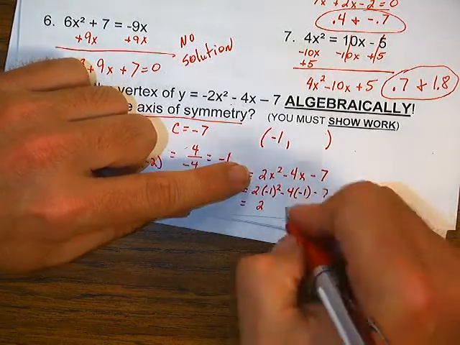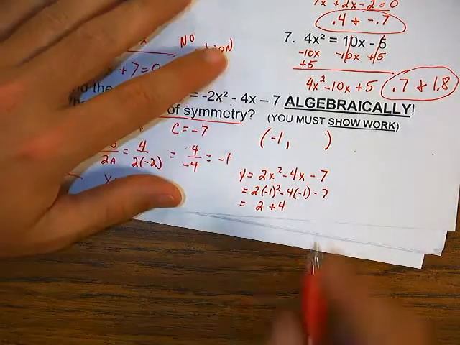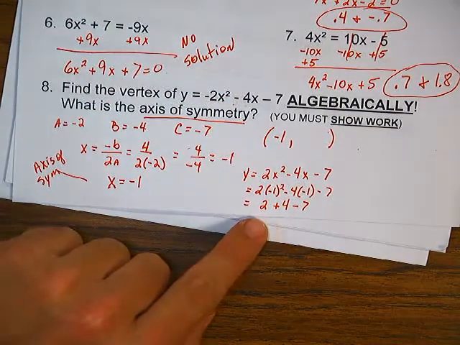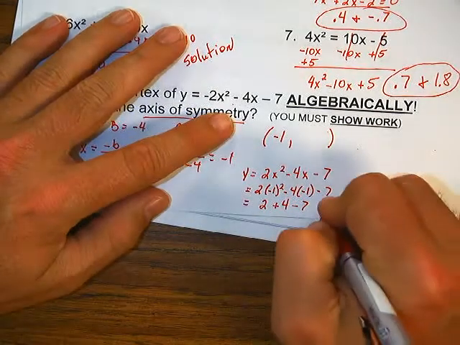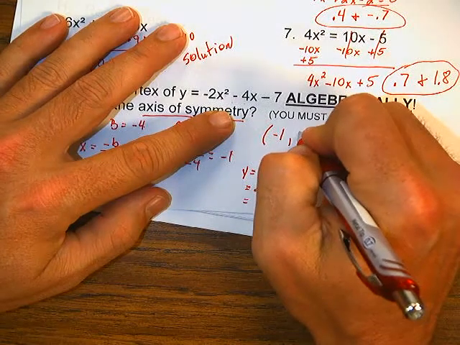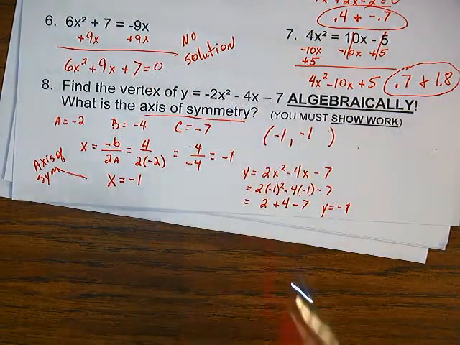Negative 4 times negative 1 is positive 4. And then minus 7. So 2 plus 4 is 6. 6 minus 7 is negative 1. So my y value of the vertex is negative 1. So my vertex is at negative 1, negative 1.